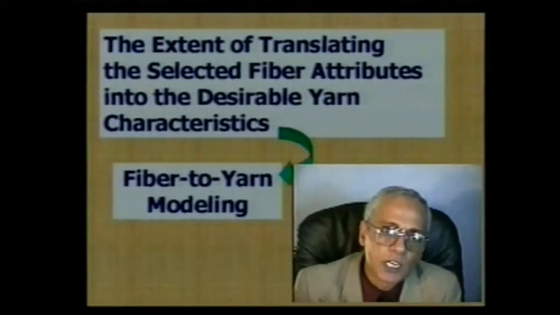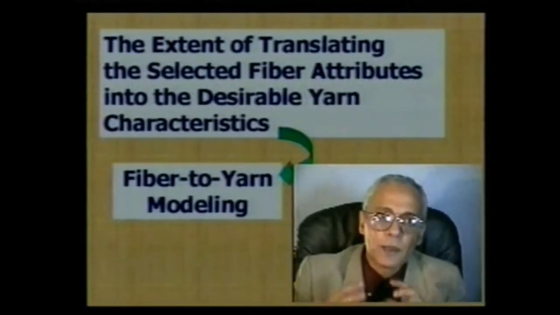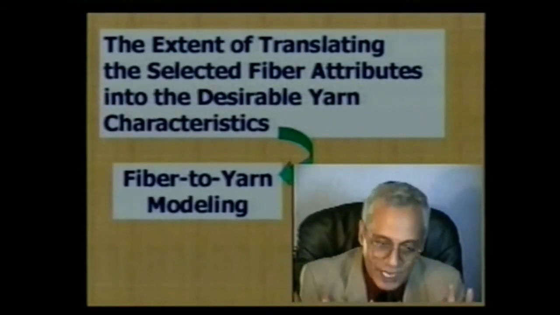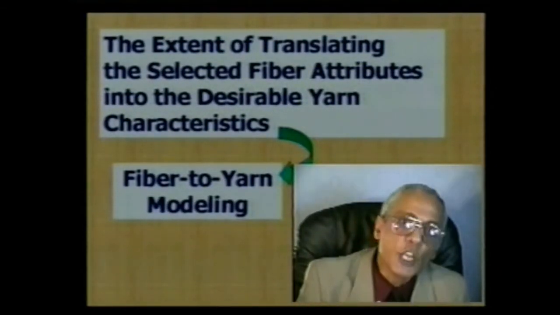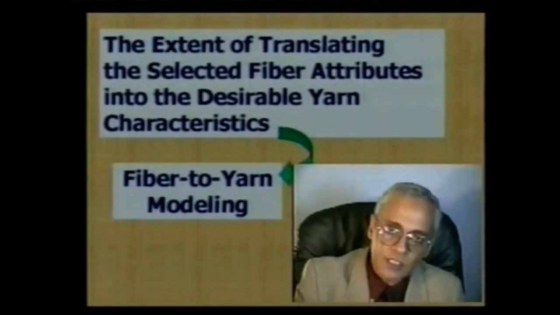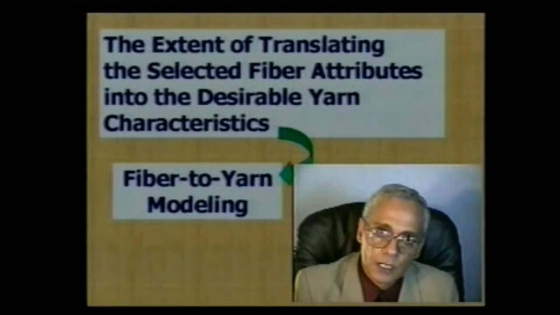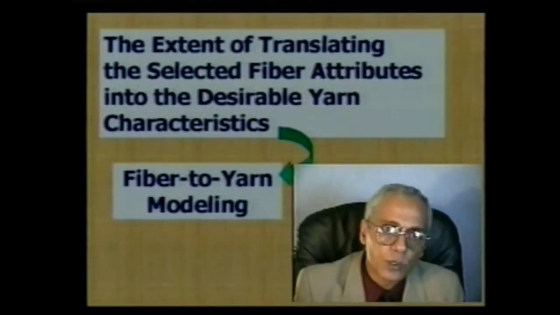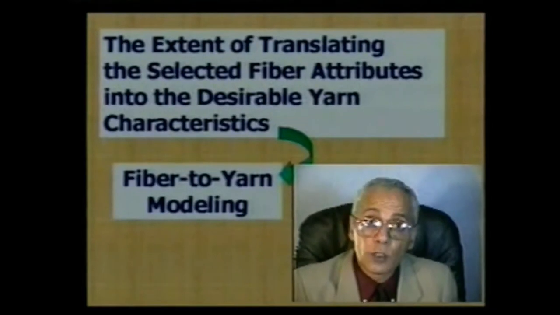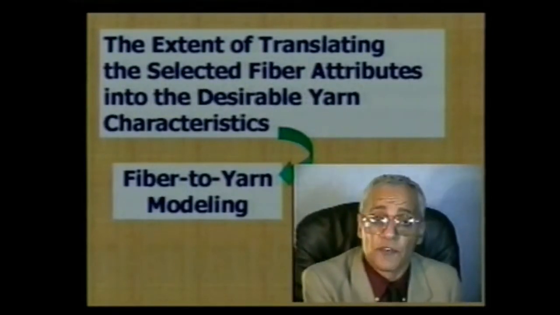A fiber-to-yarn modeling means fiber-to-yarn relationship, meaning that you have a tool by which you can predict the quality of yarn prior to processing the fibers. And the impact of that is not only careful selection of the fibers, but also careful purchasing of the fibers.